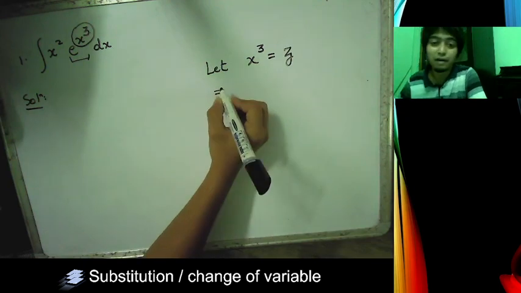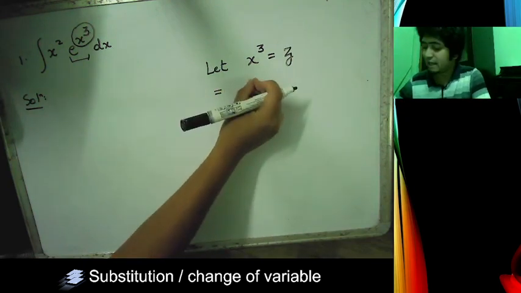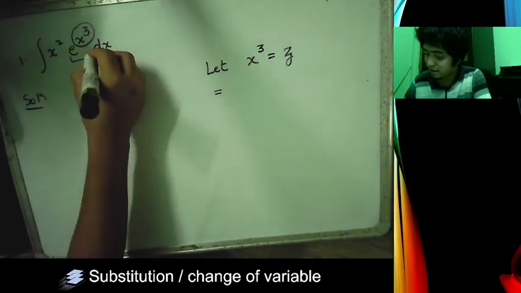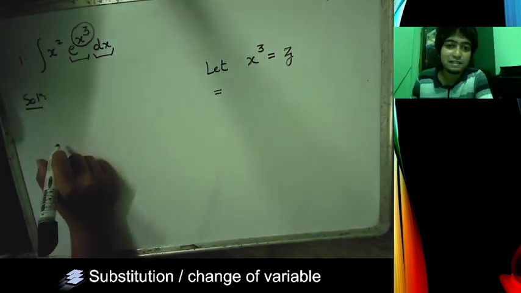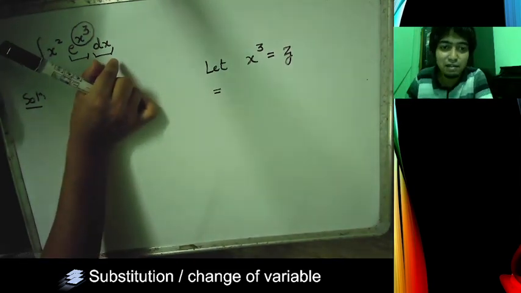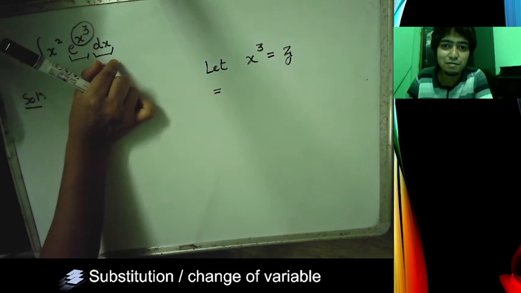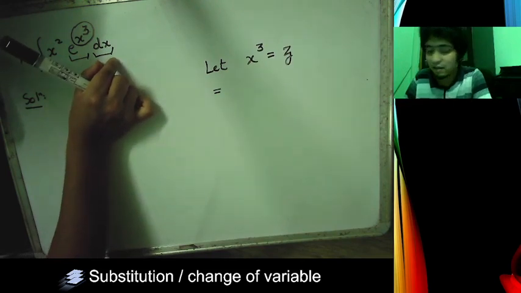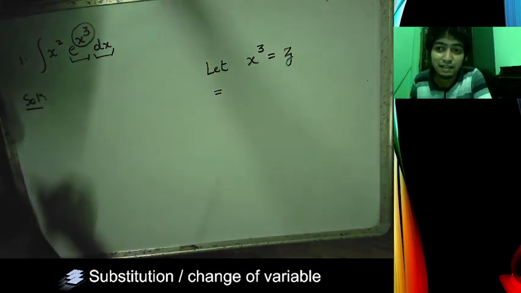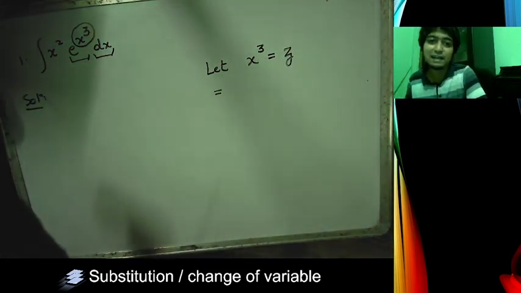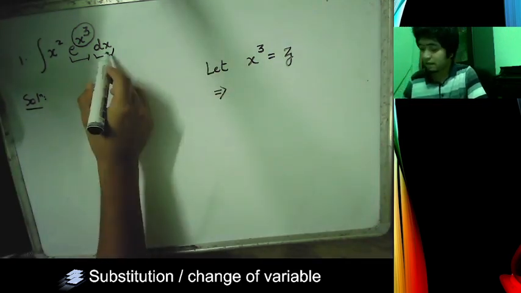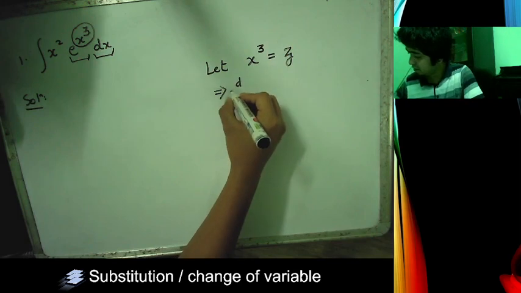So what will we do now? Remember that when you have x, similarly over here you are having dx, but when you have changed the variable to z, then this dx will also have to be changed into dz. Or if you change it into t, then dx will also be changed into dt. How exactly do we do that? By differentiation.